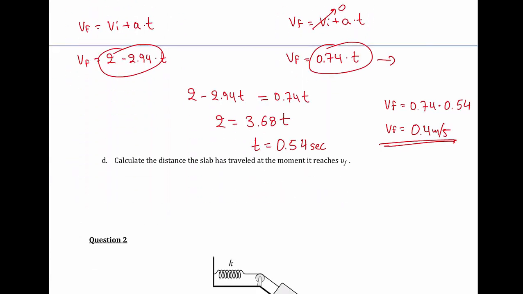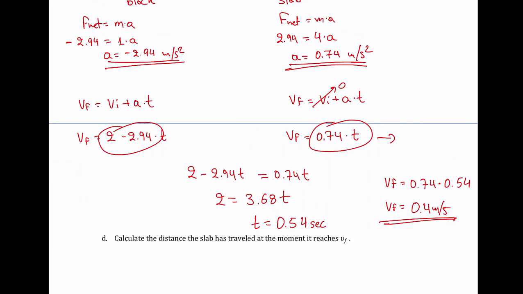Now I think that we have one more question in this problem, to calculate the distance that the slab has traveled until it reaches the V final. So for the slab, since we need to find the distance, we can use the third law for motion with acceleration. V final squared is equal to V initial squared plus 2a delta x.